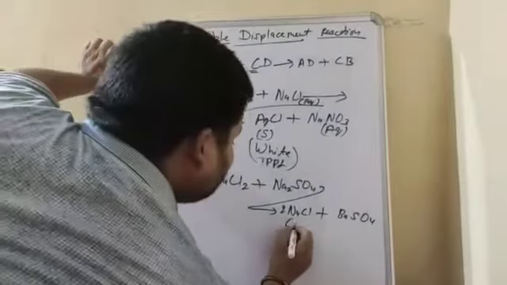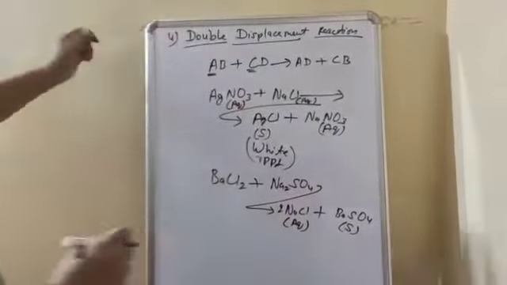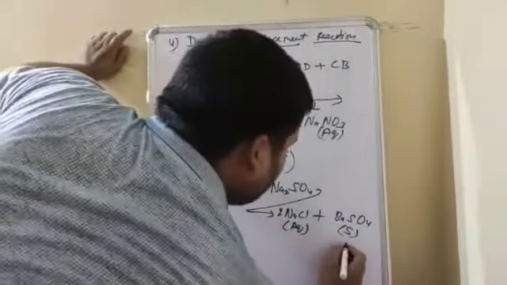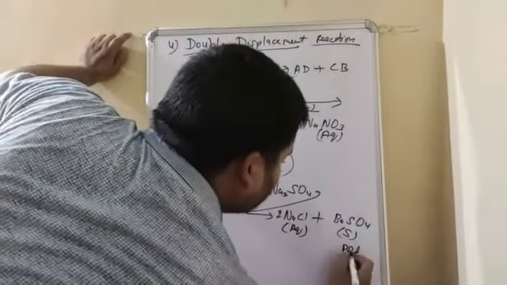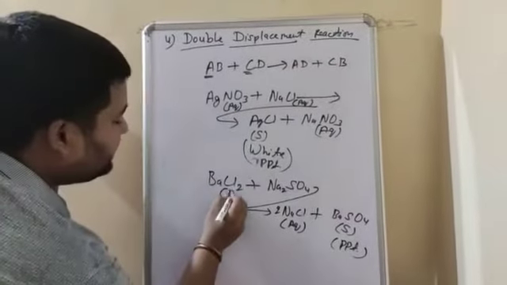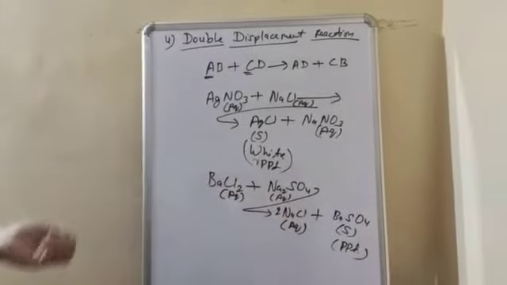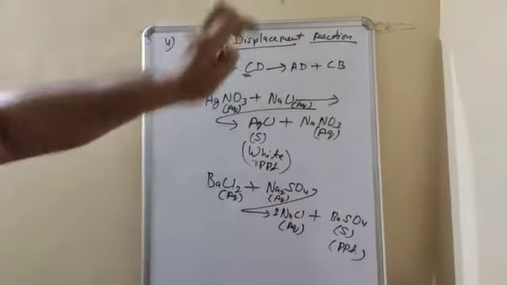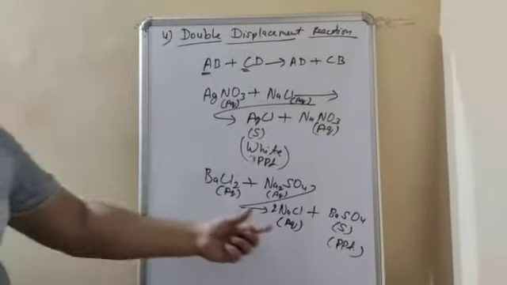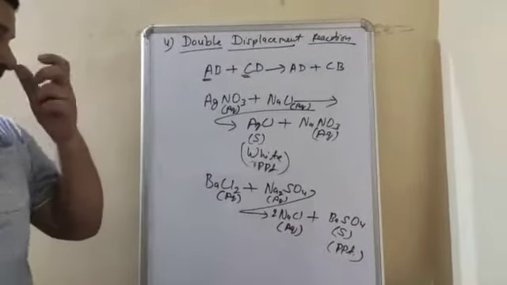So here one is aqueous and another is water insoluble, that is the precipitate. And here both reactants are water soluble. Generally in double displacement reaction, one water insoluble compound will form, that is the precipitate.